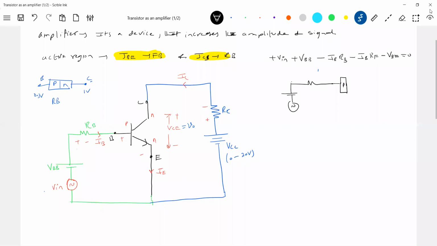This is P type, no? P type. There's a base. There's an N type. This was the circuit. Are you seeing any junction? As base emitter junction, this junction will offer some resistance to the flow of current.